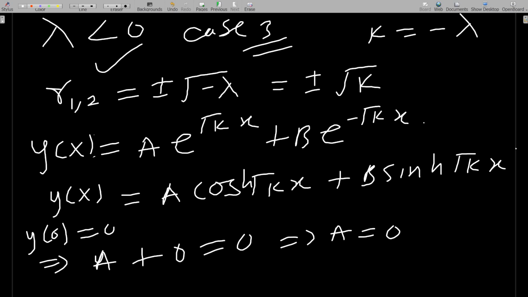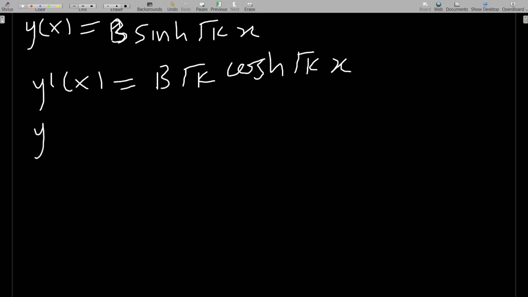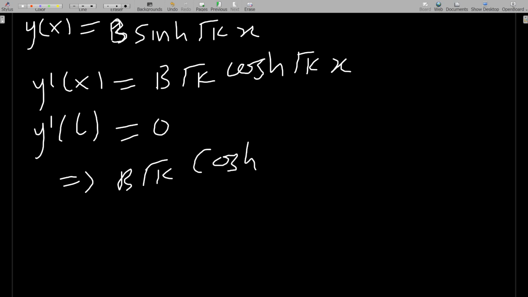Now if a is 0, then the function will be y of x equal to b sinh root of kx, and y prime of x will be equal to b square root of k cosh root of kx, and y prime of l equals 0 implies that b square root of k cosh of l square root of k is equal to 0.